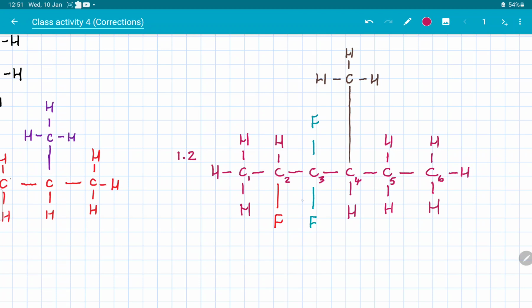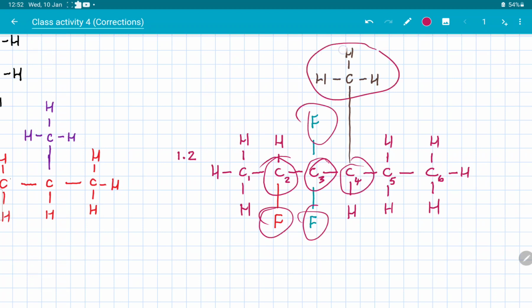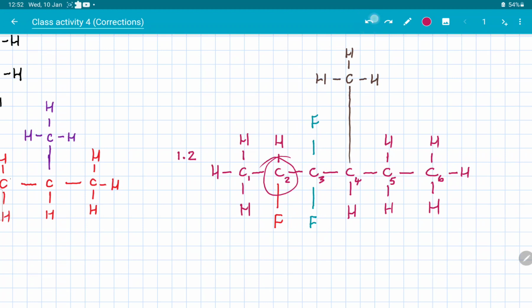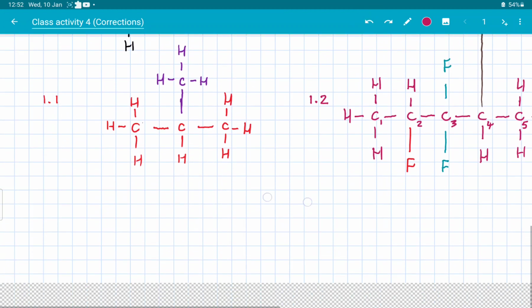There it is. 2,3,3-trifluoro, 4-methylhexane. And then say 1.3.